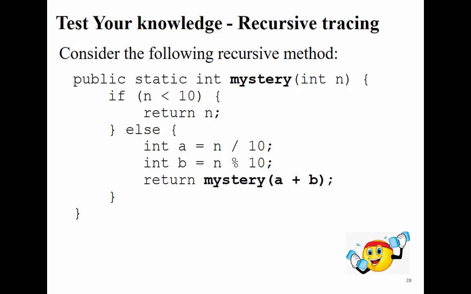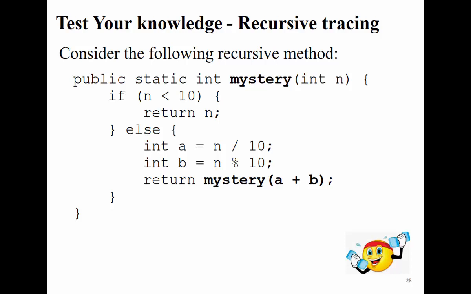In this course, we're going to ask you to design a recursive method, but also to trace a recursive method. A recursive method is given to you here. Before we start, we need to make sure we do not end up tracing an incorrect recursive method. So we need to make sure this recursive method is not an infinite recursion.